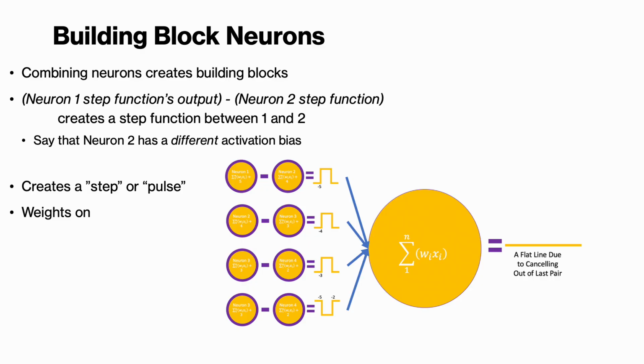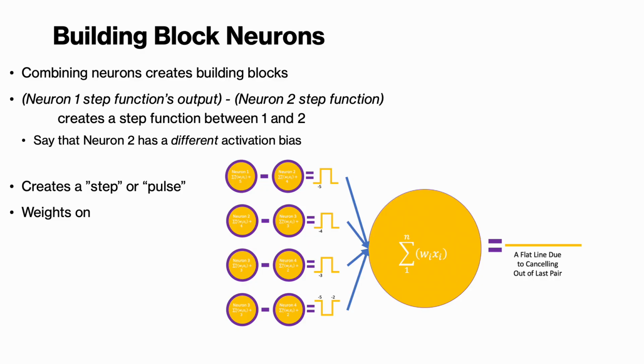We take that output from it and we subtract neuron 2's step function output from it. And that's how we create a step function between 1 and 2, given that 2 has a different activation bias. Because if they were the same, then it wouldn't really get us a step, because there wouldn't be a difference.